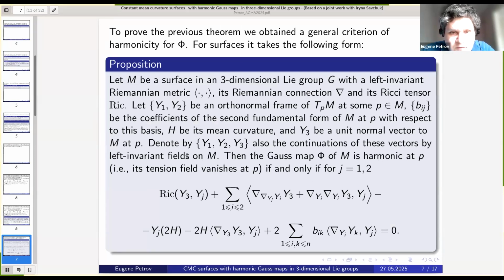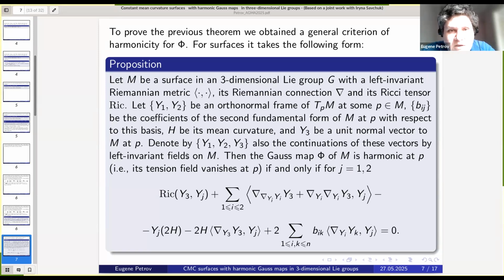Here it's in the form for a surface in a three-dimensional group, because this is the case that will be considered in today's talk. So we have a surface M in a three-dimensional Lie group with the usual notation for its Riemannian metric, Riemannian connection, and a tensor.